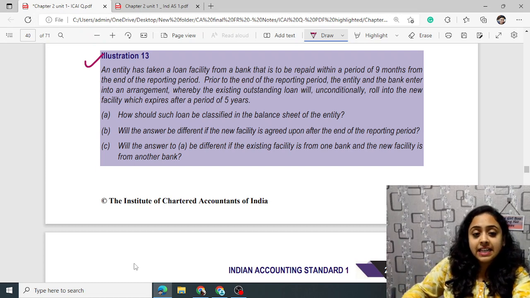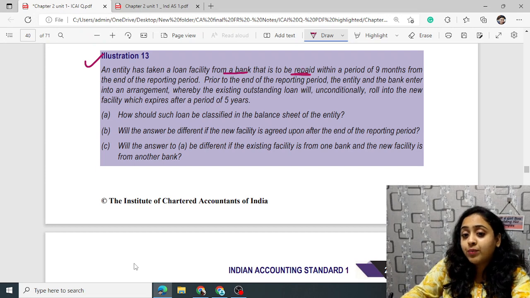An entity has taken a loan facility from a bank that is to be repaid within a period of 9 months from the end of the reporting period. Prior to the end of the reporting period, the entity and the bank enter into an agreement whereby the existing outstanding loan will unconditionally roll into a new facility which expires after 5 years, okay.